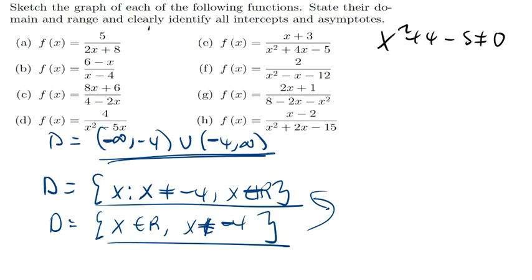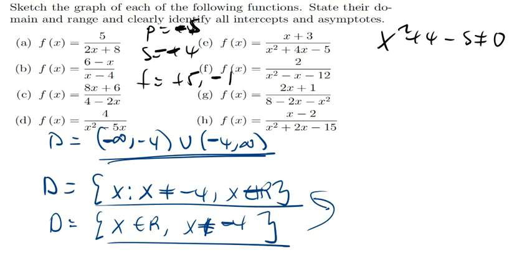The product is negative 5, the sum is positive 4. Factors are positive 5 and negative 1, so that when I do positive 5 minus 1 it is positive 4, and positive 5 times negative 1 gives me negative 5.